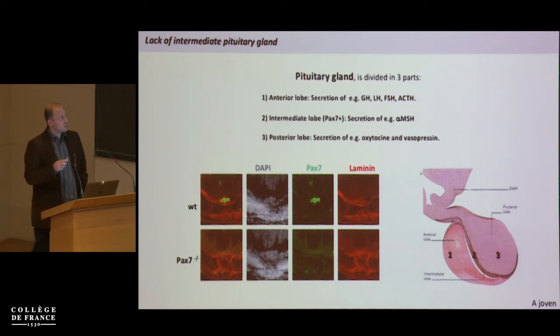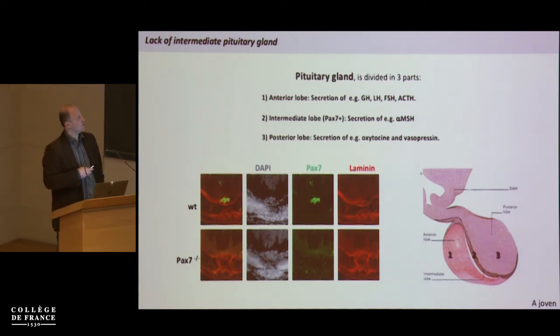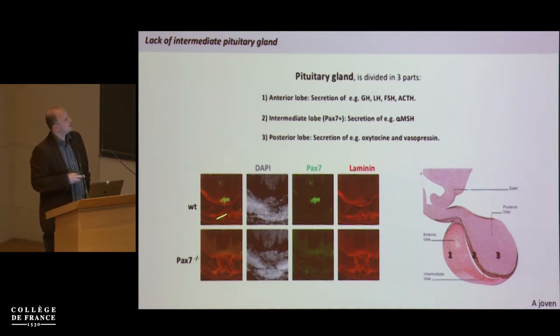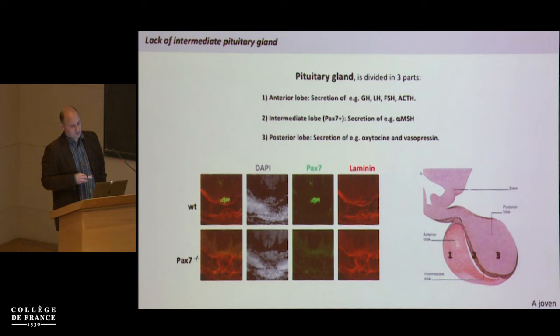But PAX7 is also expressed in other structures, for example, in the pituitary gland, and especially in the intermediate lobe that secretes melanocyte-stimulating hormone.